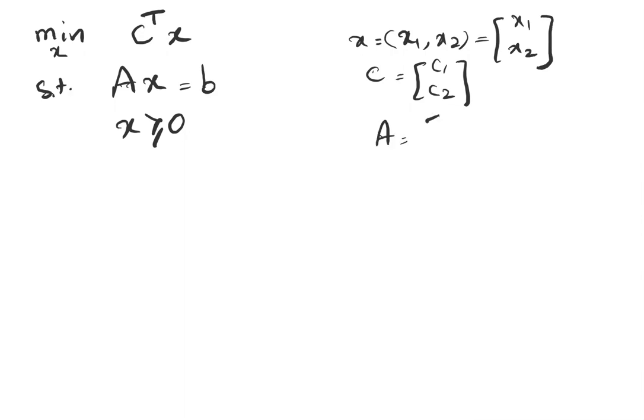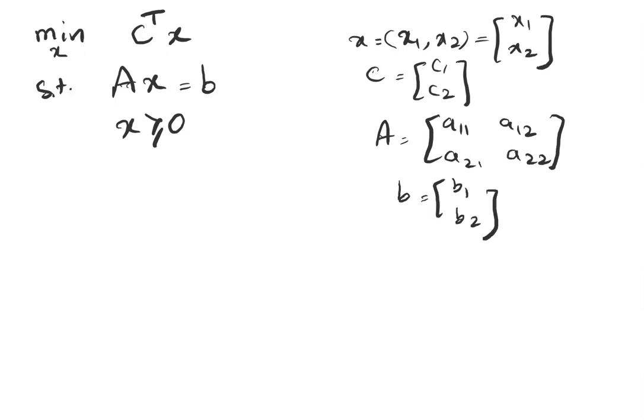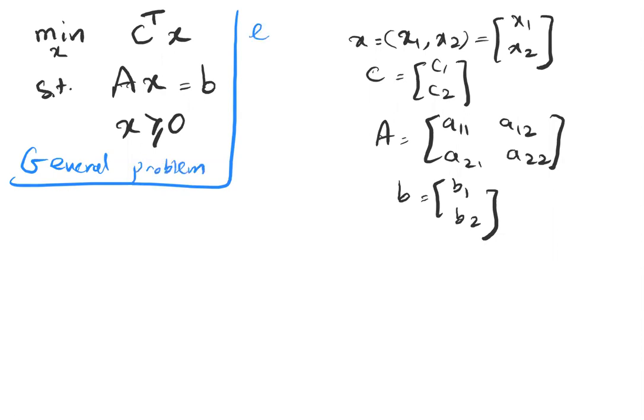A is equal to A11, A12, A21, and A22. And B is equal to B1, B2. So this is the general problem. This is an example.